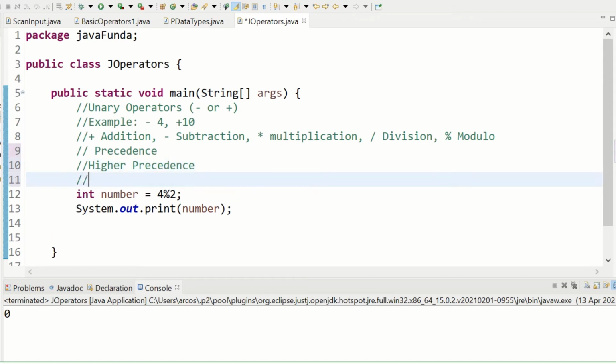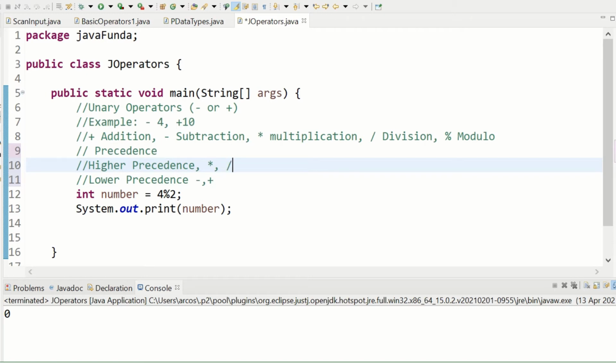Lower precedence are plus and minus, which are of the same level, and the highest precedence are times and division, and the reading of the operators is from left to right.